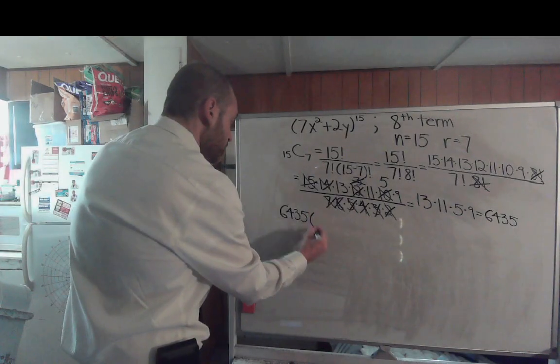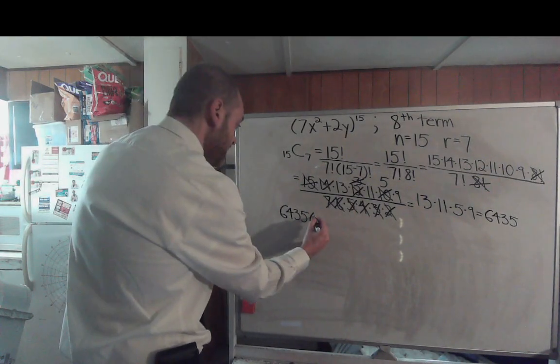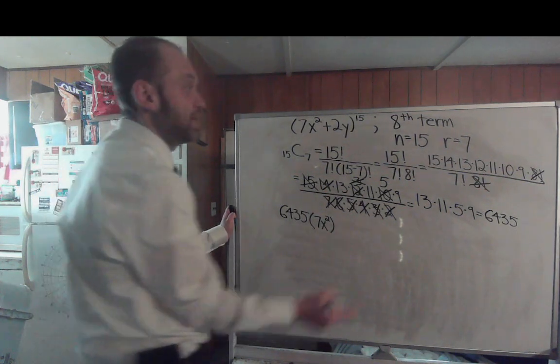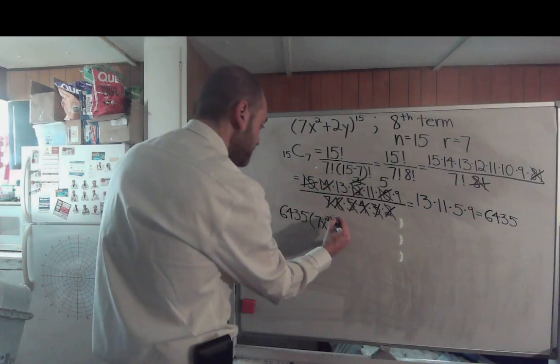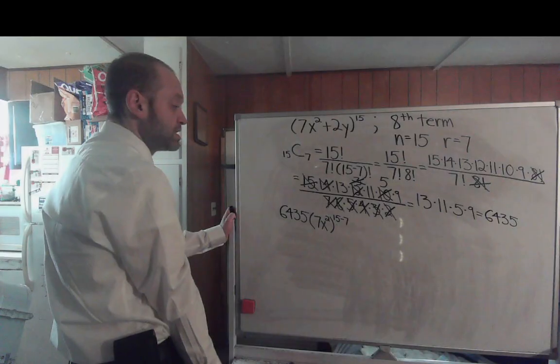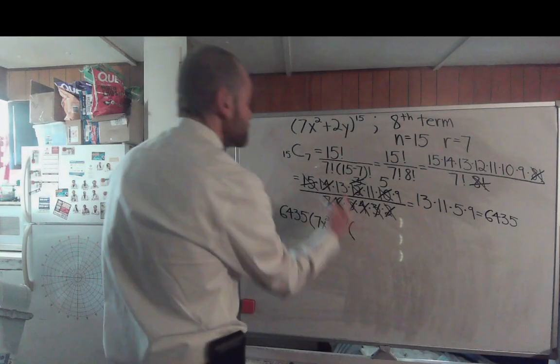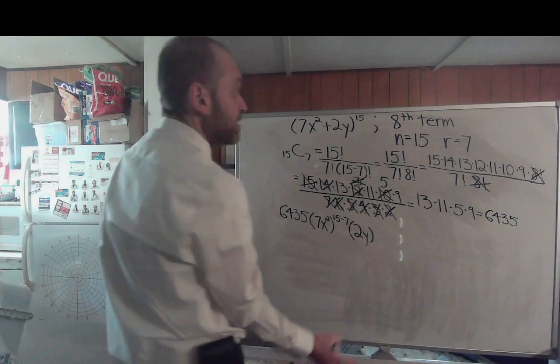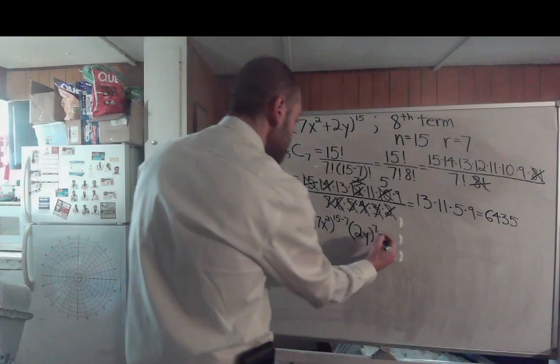We're going to take the whole 7x squared, your whole first term, raised to the n minus r power, that would be to the 15 minus 7 power, times my second term, that 2y, raised to the r power, which is the 7th.